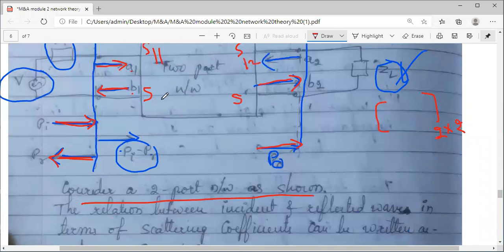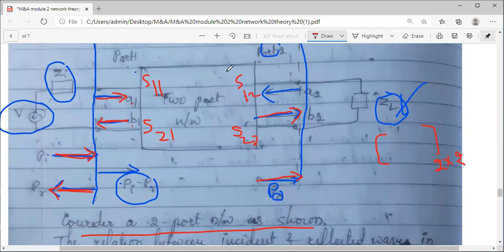S11, S12, S21, S22. If you have one more port, you will get 3-port and 4-port networks, the different multi-ports you will come across. In case of waveguides, you will learn about it.